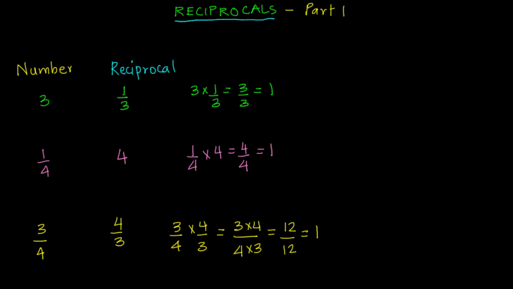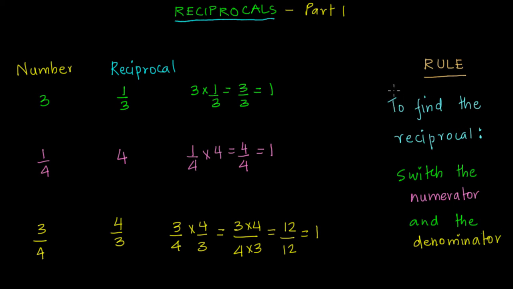So essentially the rule is that when you are given a number, to find the reciprocal, switch the numerator and the denominator. But how does this work for a number like 3? 3 doesn't have a denominator, but we can rewrite 3 as a fraction, because every whole number can be rewritten as a fraction.